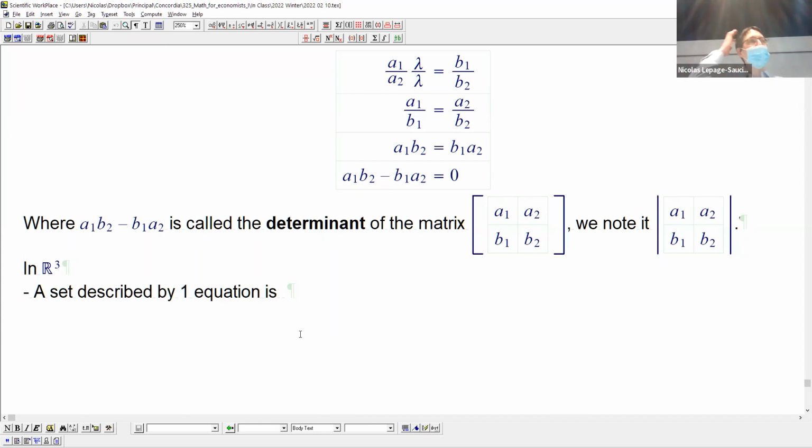Somebody knows? Somebody who has already done a bit of linear algebra? Or one linear equation. Could be one equation, but one linear equation. No? So in R3, a set described by one linear equation is actually a plane.